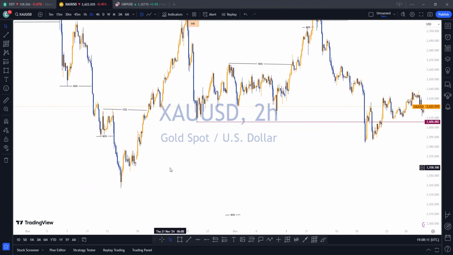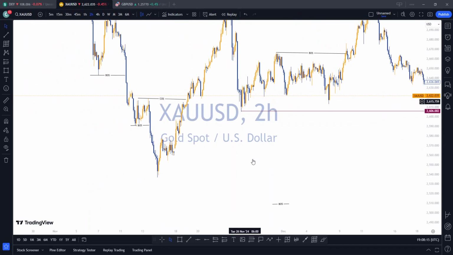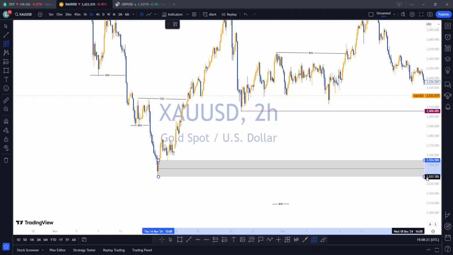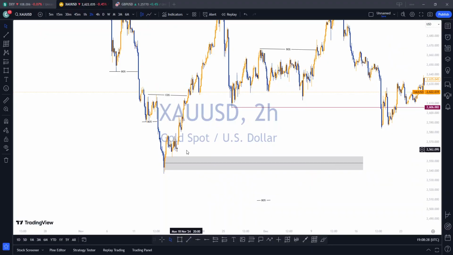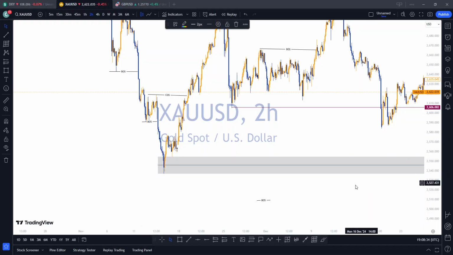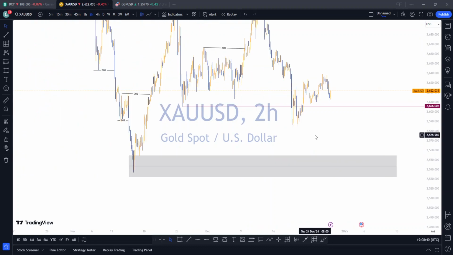Let's see, there is this gap here. So first of all, we have this valid point right here, that our market can, if you're going to continue down, then that's a valid point right here.